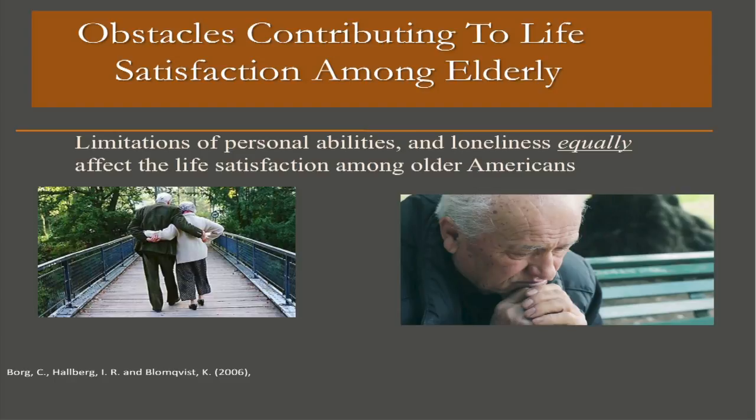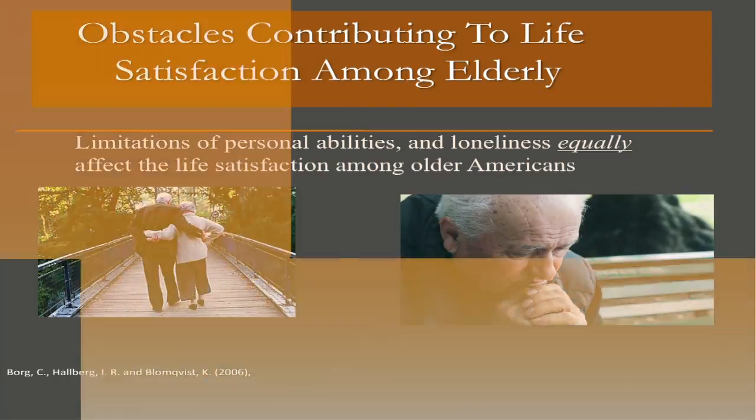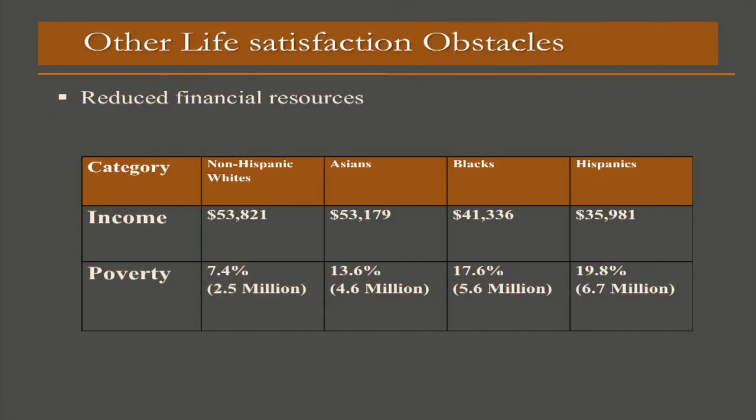Despite these assessments, obstacles to life satisfaction among the elderly still exist. Personal limitation and loneliness equally affect life satisfaction among older individuals. Additionally, reduced financial resources pose obstacles to life satisfaction.